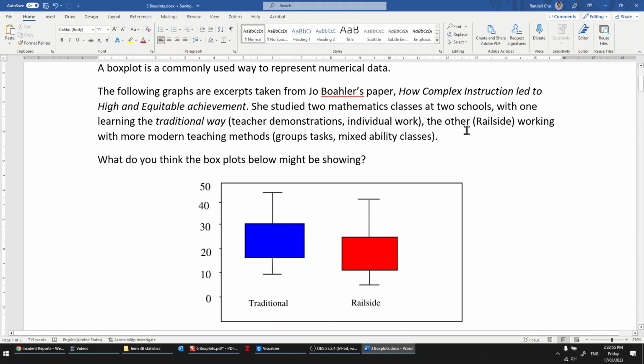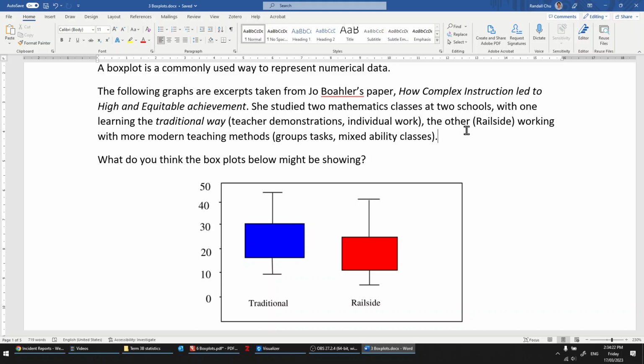I'd like you to listen to this. Jo Boaler did a study, which is like what would be done now in the junior years of maths at this school. She studied two schools. One school did the traditional textbook work. The other school did the modern cooperative problem-solving group work.